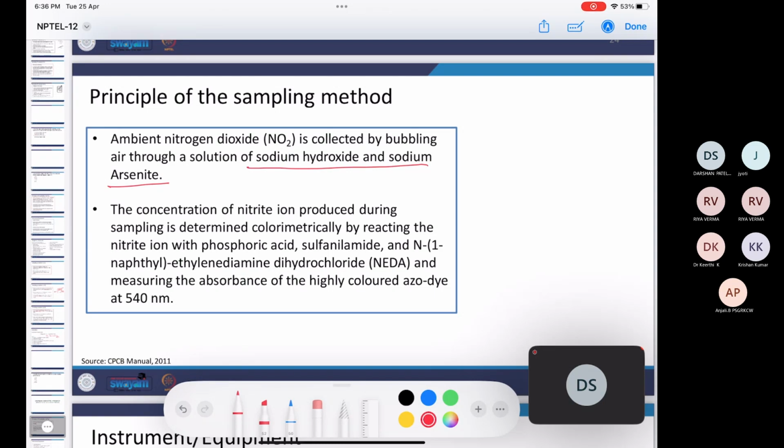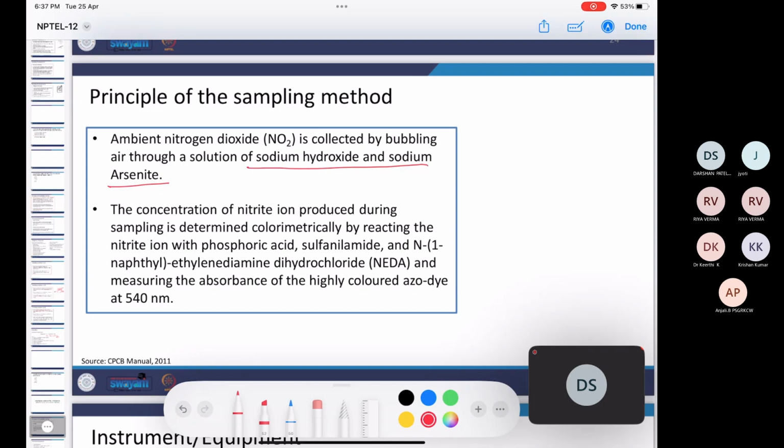So basically, once we have bubbled the air and collected the NO2 in this sodium hydroxide and sodium arsenite solution, we need to measure the absorbance. We need to prepare an azo dye with this solution.